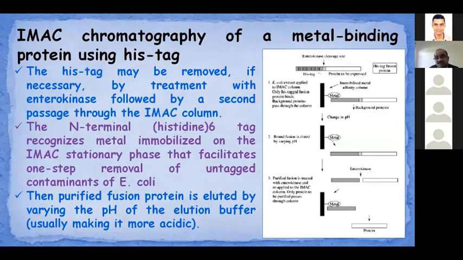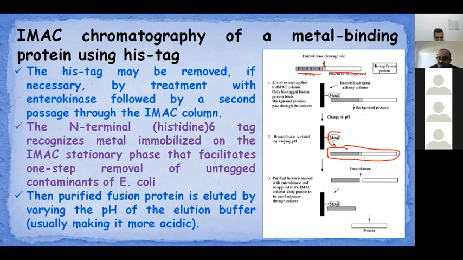This is the His-Tag end, and this is the pure protein. This is the cleavage site for the enterokinase. When it is passed through a column, the His-Tag binds to the metal ions, and other non-His-Tag proteins are washed away with the column. Then, by changing the condition or the pH, the His-Tag proteins are recovered.